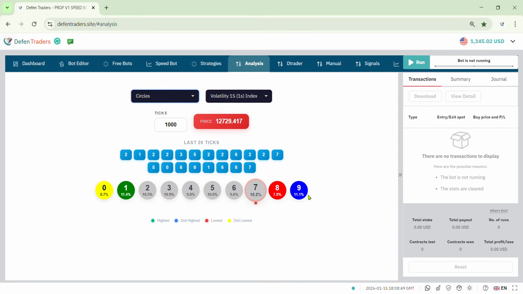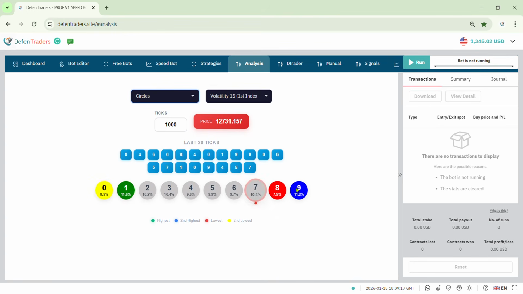Now, what you consider, from today, I need you to do this. If you get a market like this, let's say you are trading over 5 or over 4 or over 3, you see the green bar is below your prediction 5, for example, and the blue bar digit is above, you will go to the third most appearing digit in percentage.